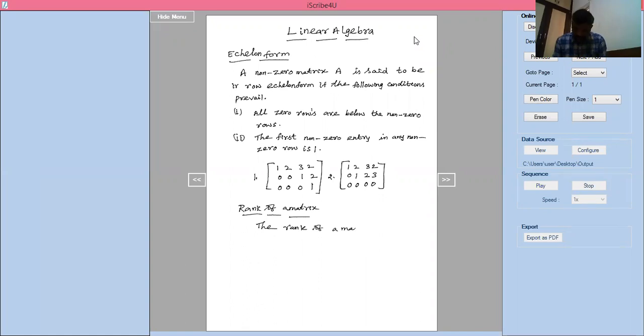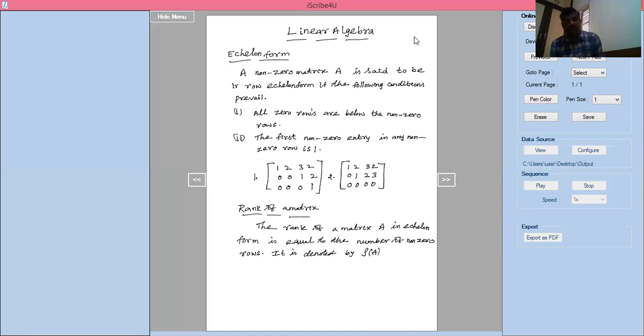The rank of a matrix A in echelon form is equal to the number of non-zero rows, and it is denoted by rank of A.